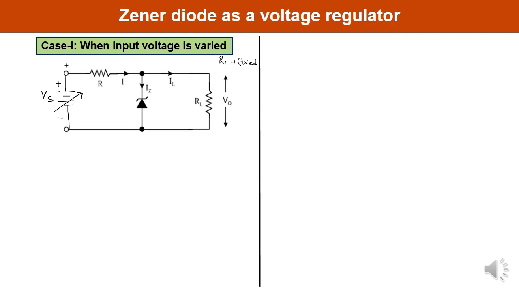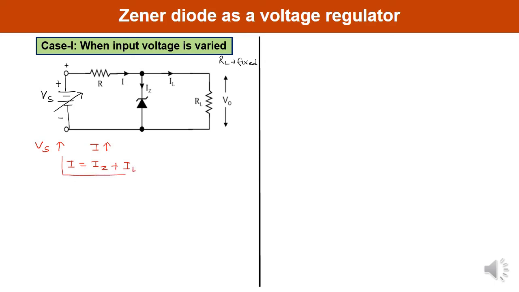Now what will happen? You must listen carefully. Here in this case, load resistance RL is fixed while Vs is varied. So when input voltage increases, it means when Vs increases, I will also increase over here. At the same time, I is the sum of Iz plus IL.